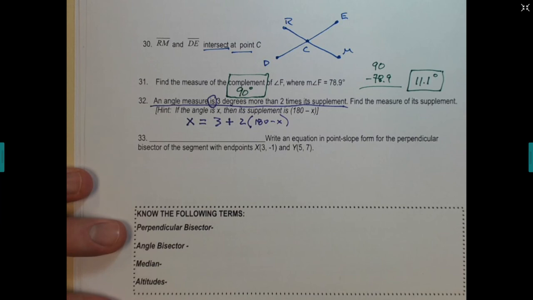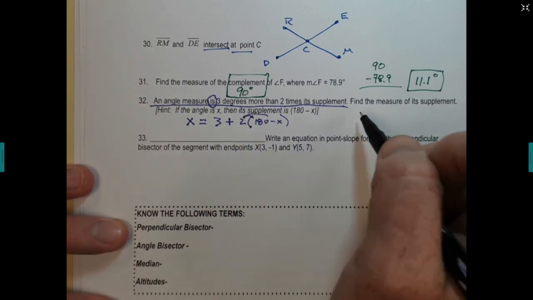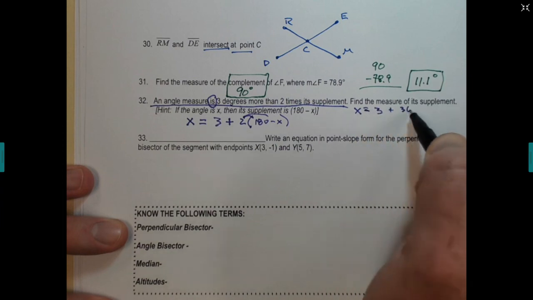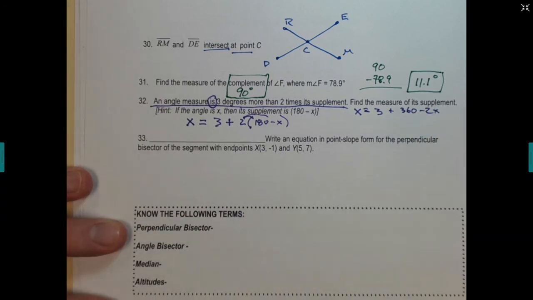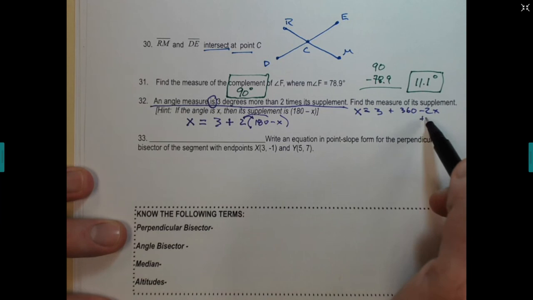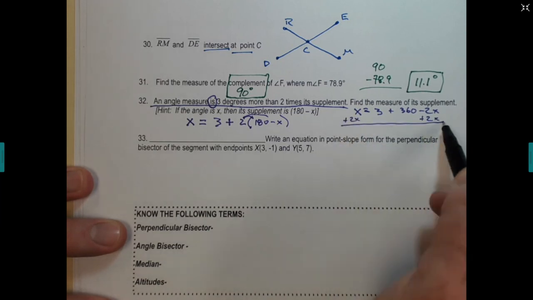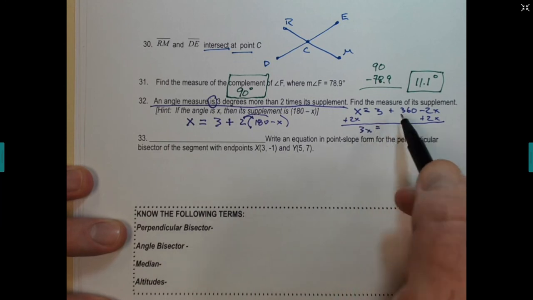We can solve this. If I distribute the 2, then I have x equals 3 plus 360 minus 2x. I can add the 2x to the other side. Now I'm at 3x equals, and I can put the 3 and the 360 together.